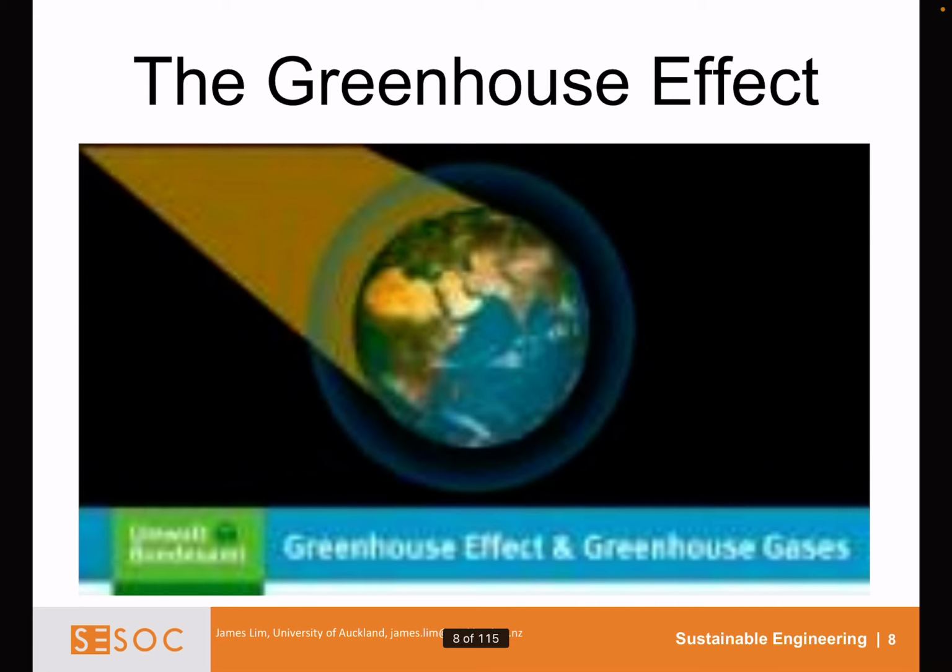They also talk about greenhouse gases being measured as an equivalent to CO2. 28 tons of CO2 equals 1 ton of methane, which comes from agriculture. 298 tons of CO2 equals 1 ton of nitrous oxide, used in fertilizers. 22,800 tons of CO2 equals 1 ton of fluorinated gases, which are extinguishing agents. Finally, it discusses the various ways that we can tackle greenhouse gas emissions, which we see later on in this lecture.